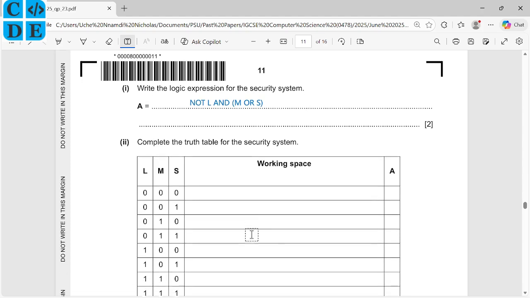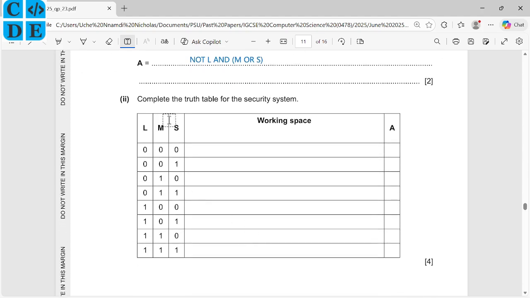All right. And then the last part is where we need to complete the truth table for the security system. So we need to complete this truth table using this very logic expression. So I like to break it down in parts so that we won't have any confusion.